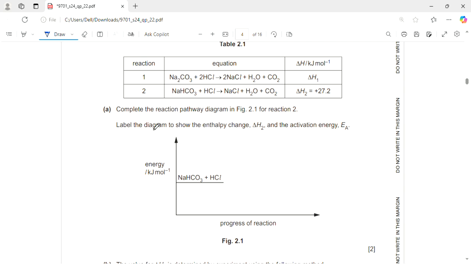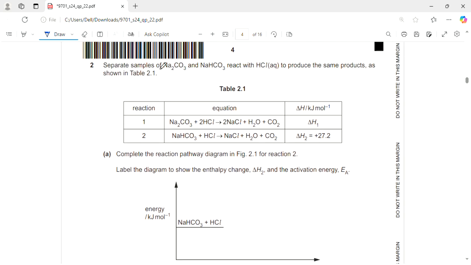They're asking to complete the reaction pathway diagram in figure 2.1 and label the diagram to show the enthalpy change and the activation energy. Two separate samples, sodium carbonate and NaHCO3, react with HCl to produce the same product as shown.